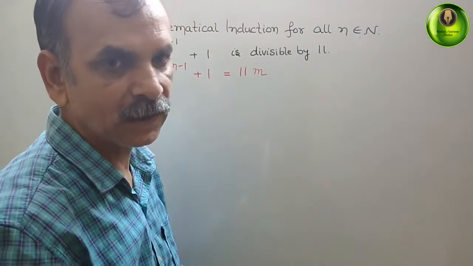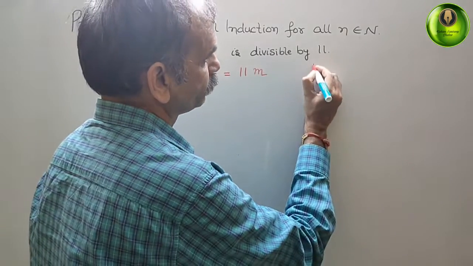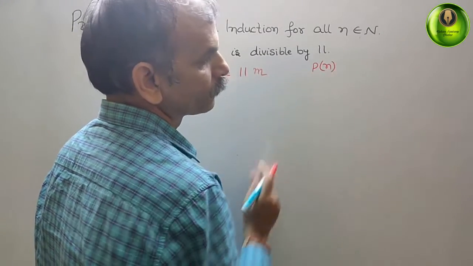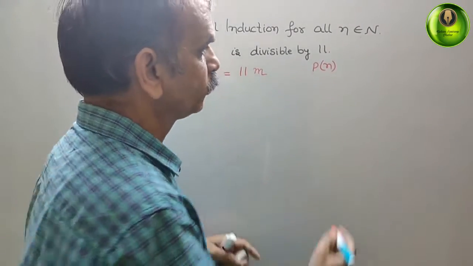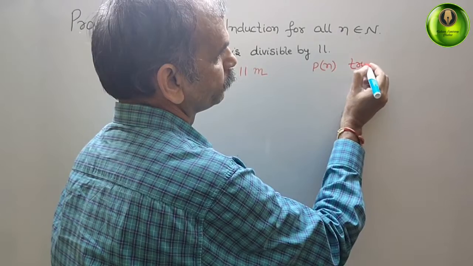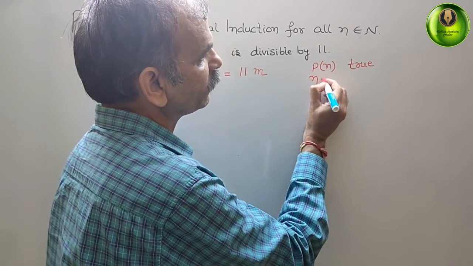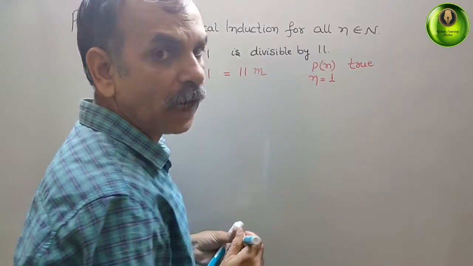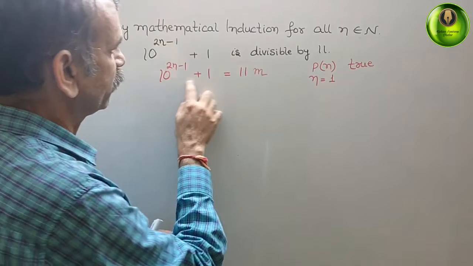We can write it like this now. Now we will take this as Pn. The second step is that we have to prove that P1 is true. For that, we have to take n equal to 1 and substitute this value here.